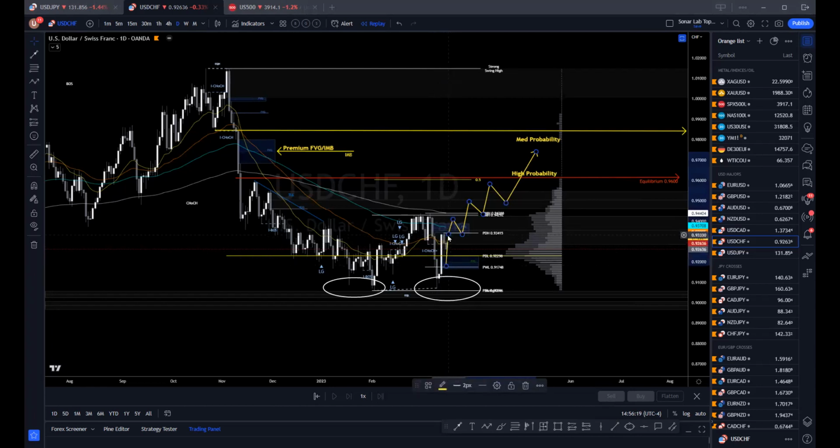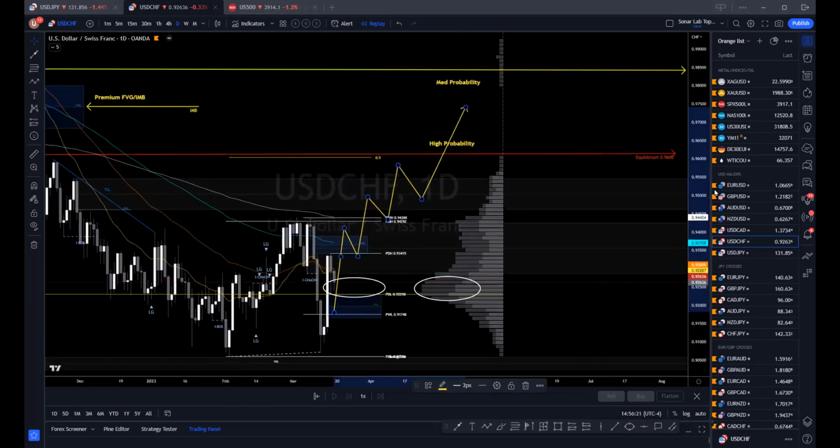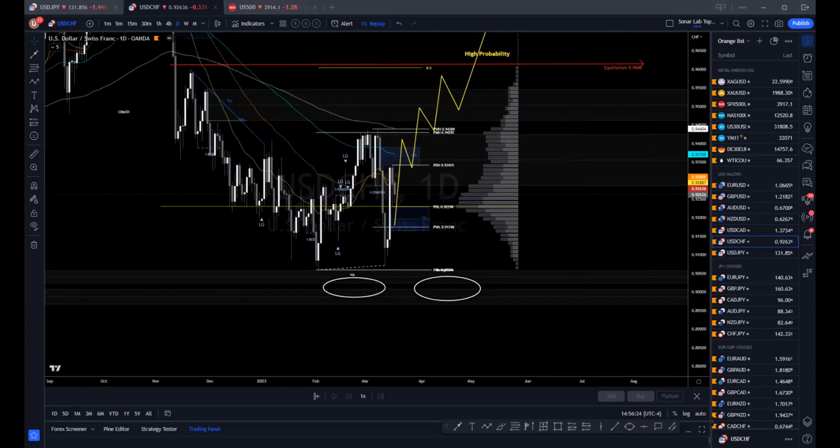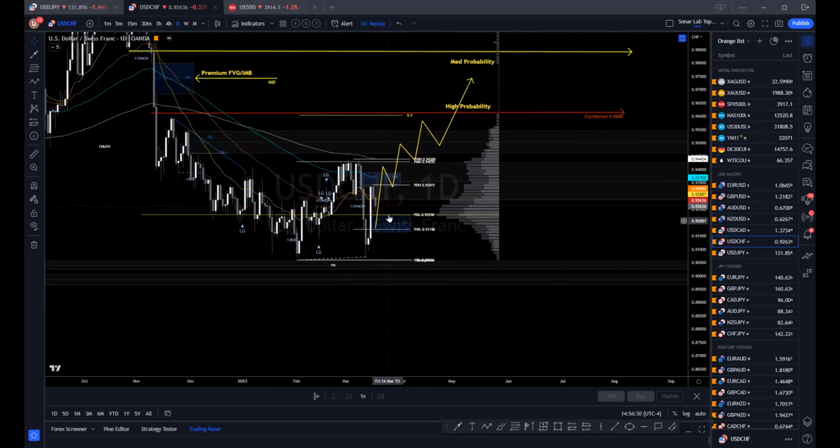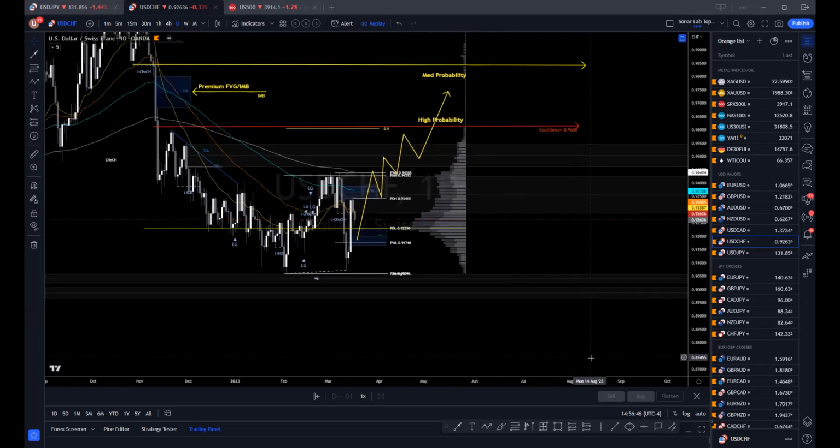I could see maybe pulling back a little bit more, getting that imbalance that was created on that move coming up. And I will be looking for this. Okay, so I'm looking for a little bit of pullback on dollar Swiss francs, which kind of makes sense, right?